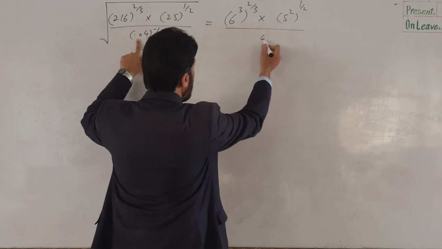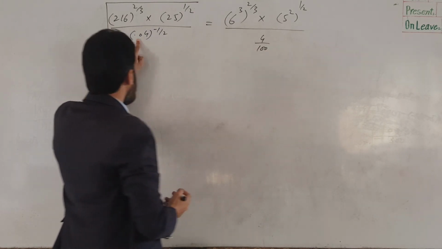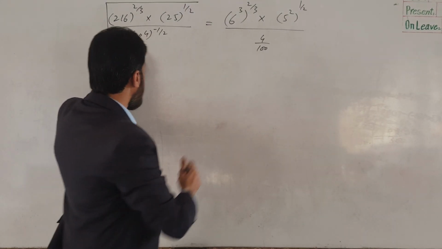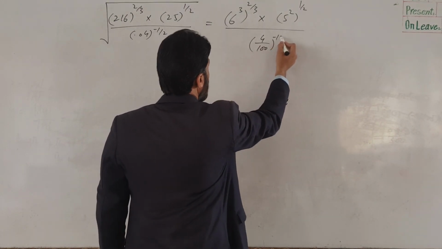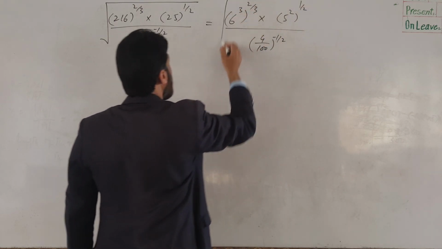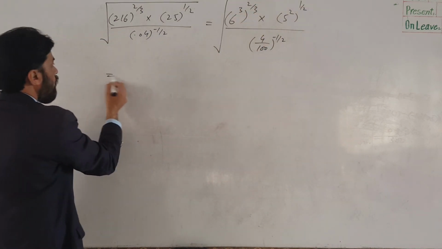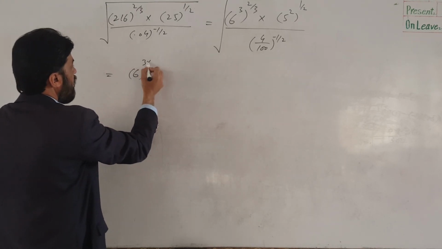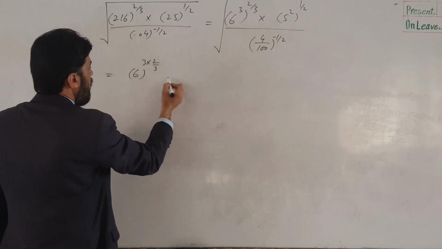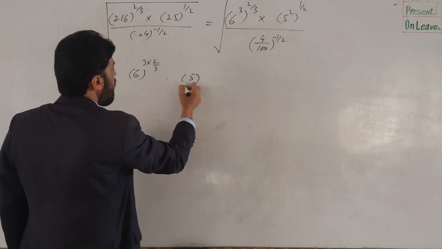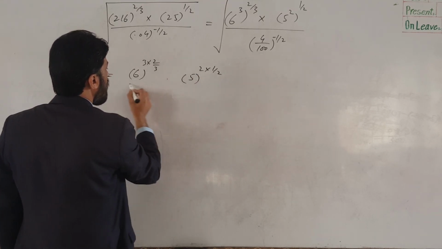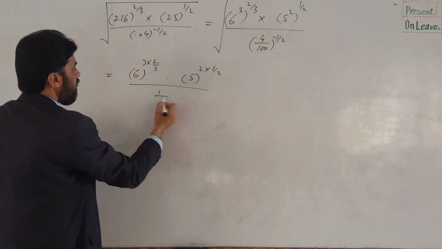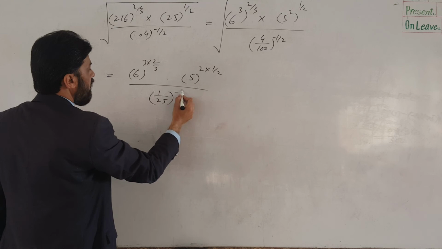0.04 is 4 over 100. We can write this decimal form into fraction form. 4 by 100 raised to minus 1 by 2, under root, is equal to 6 by applying the laws of exponents, 3 into 2 by 3, dot 5 2 into 1 by 2, over, it can be cancelled, 1 by 25 raised to power minus 1 by 2.